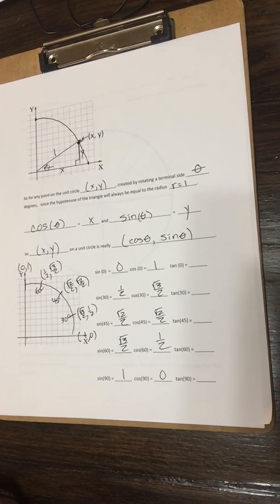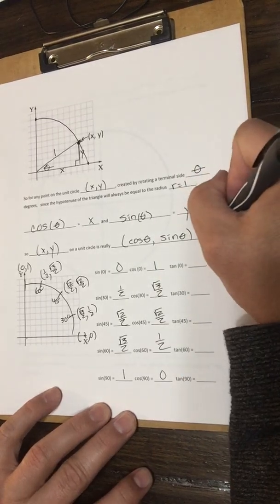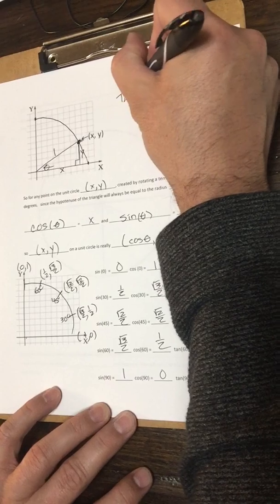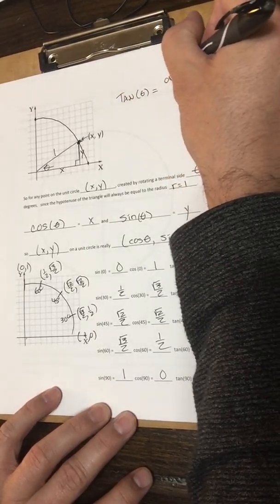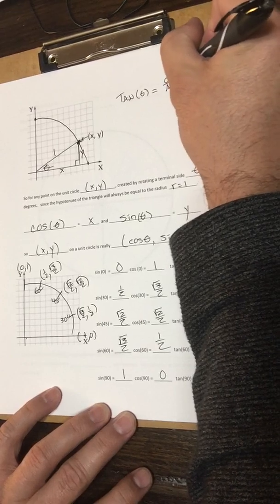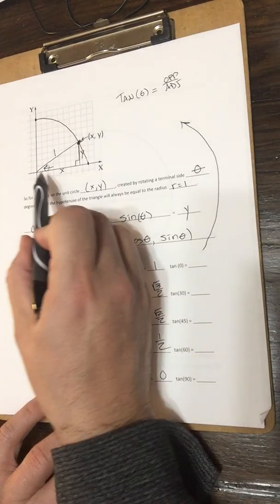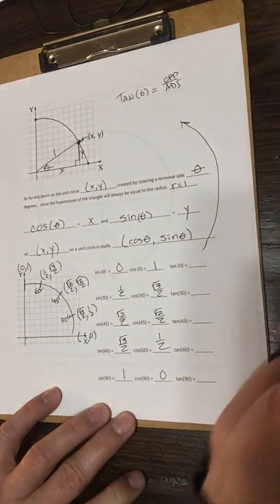All right, let's talk about tangent. I don't want to do too much here. I'm going to go up here, and I'm going to say tangent of theta from SOHCAHTOA is opposite over adjacent, right? It's opposite over adjacent. So if we look at this angle, it's y over x.